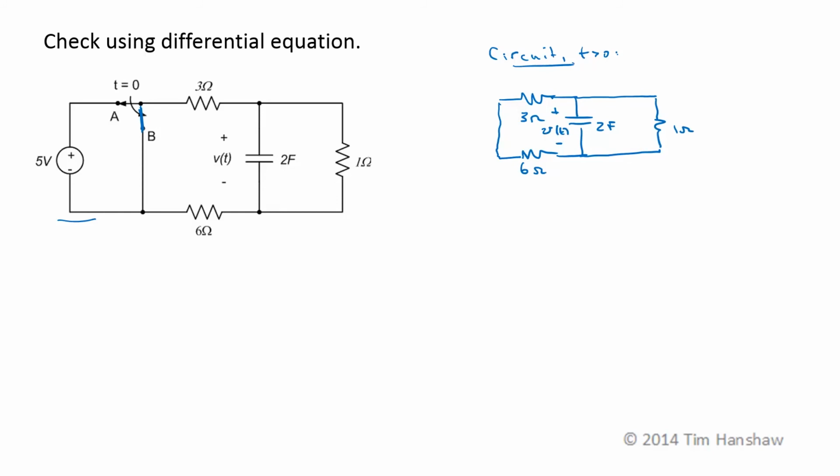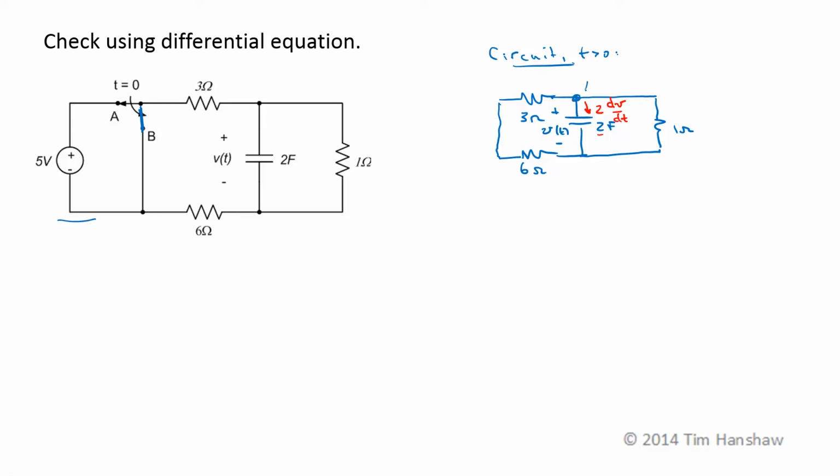If I'm going to write a differential equation, I'm going to need the voltage-current relationships for the capacitor. It's probably easier to draw those directly on my diagram. If this is V of t, the current through the capacitor is going to enter the positive voltage terminal, and it's going to be 2, which is my capacitance value, dV by dt. Now all I really need is KVL, KCL, and Ohm's law.